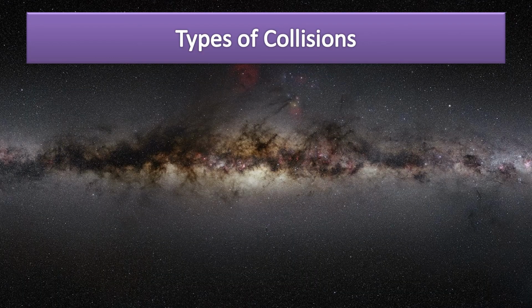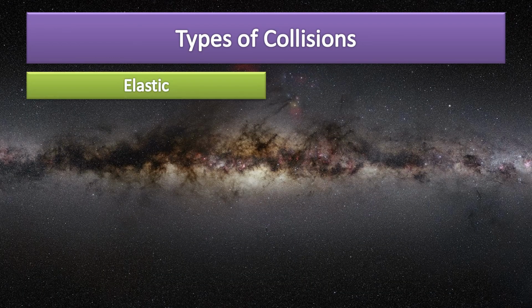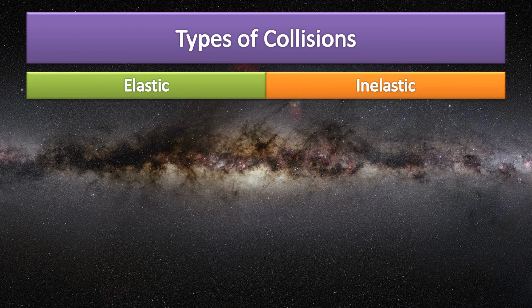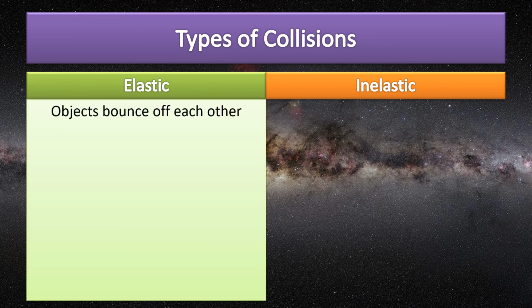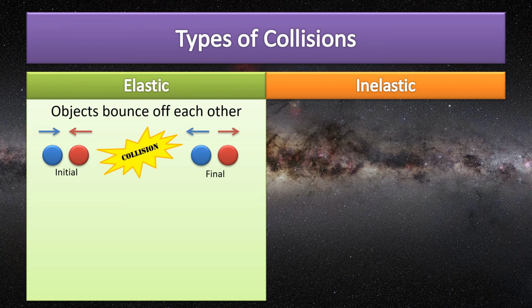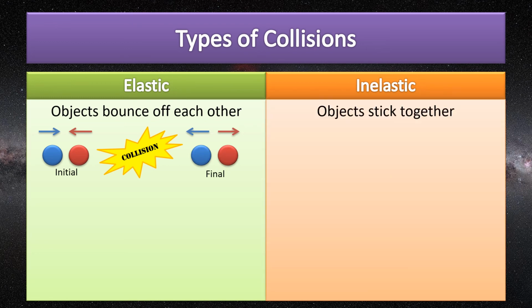So we need to talk about types of collisions. In this lesson, we're going to talk about elastic collisions. In the next lesson, we're going to talk about inelastic collisions. So for elastic collisions, the objects just bounce off each other in general. So the balls are coming towards each other, there's a collision, they hit each other, and then they bounce off each other. So that's elastic.